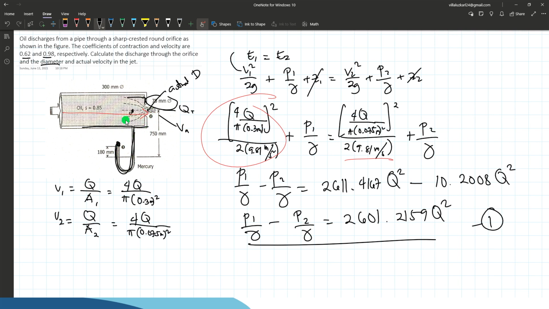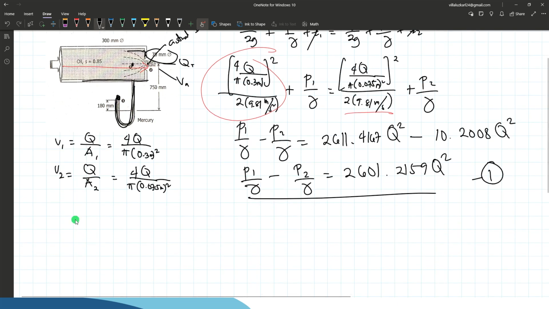So this is an example of a pitot tube. So from point 1 to point 3, we take the sum of its pressure head.